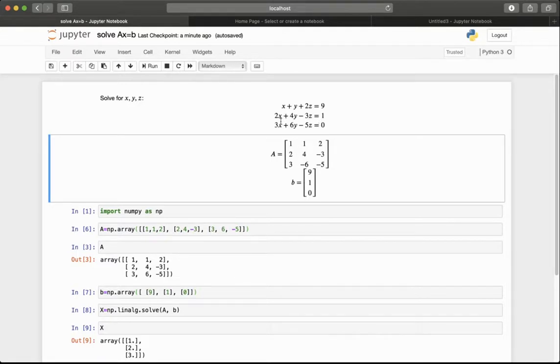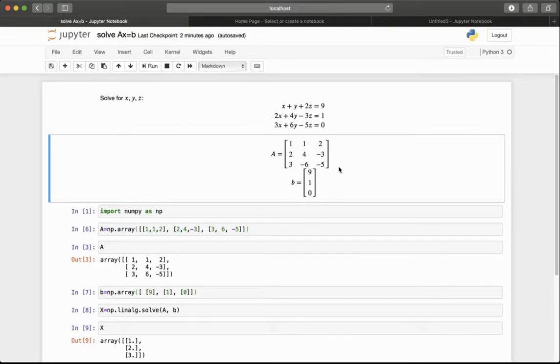Similarly, the second equation, 2x, 4y, minus 3z: 2, 4, and minus 3 appear in the second row, and so on. And then here on the right-hand side, 9, 1, 0. Previously in the augmented matrix, we put them over here, but this time I want to separate them out into a separate column vector and call it B.